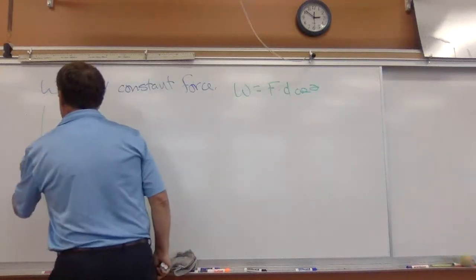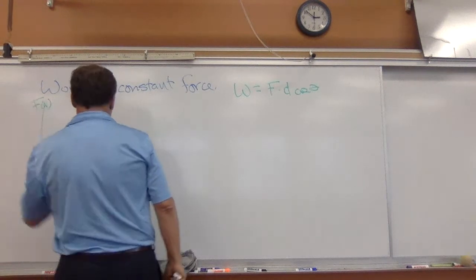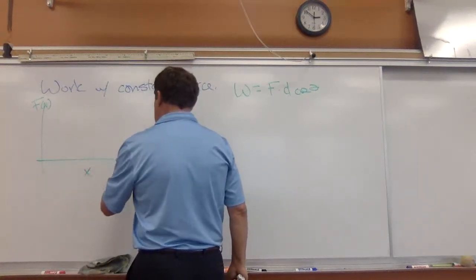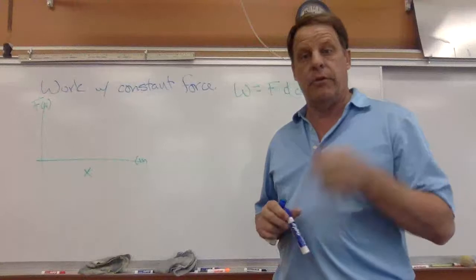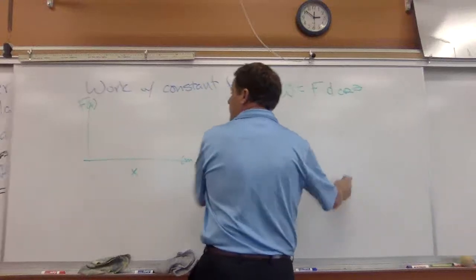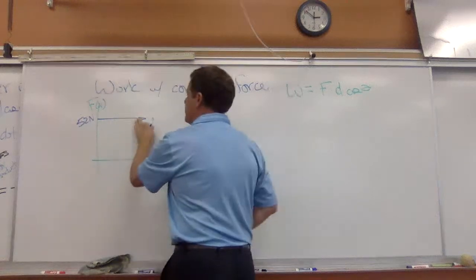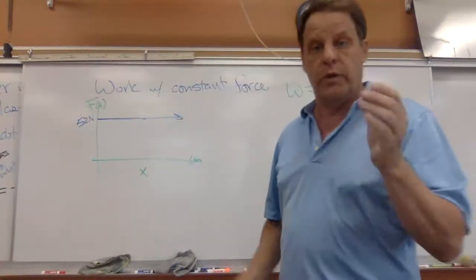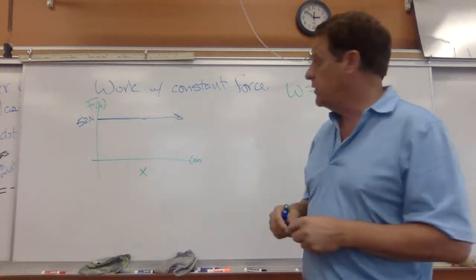If you have a variable force, this will make sense if we graph it. So if we have a force, let's say in newtons, and then displacement in meters, and if we take a look at the question of the day for 12.4 and 12.8, if we had a force of 52 newtons, and remember that 52 newtons was the 60 cosine 30, the constant force going in the same direction as displacement.